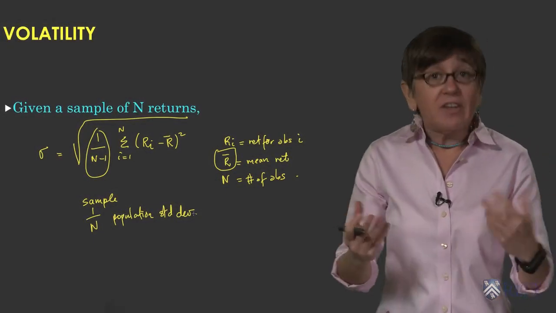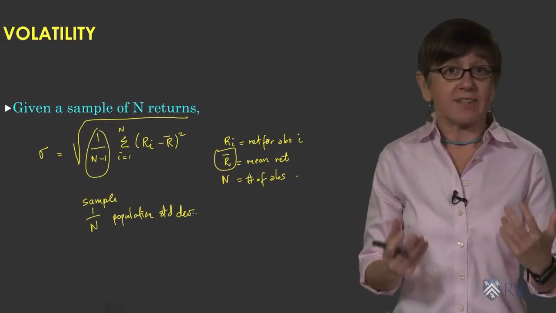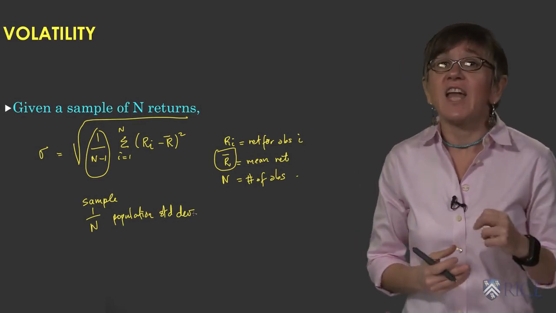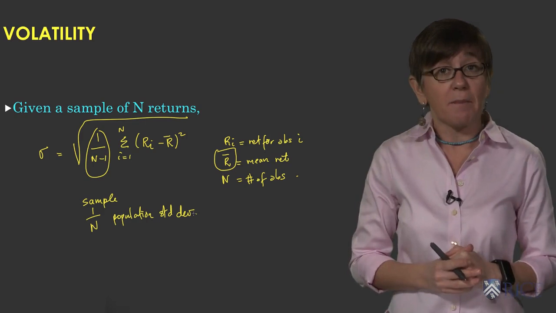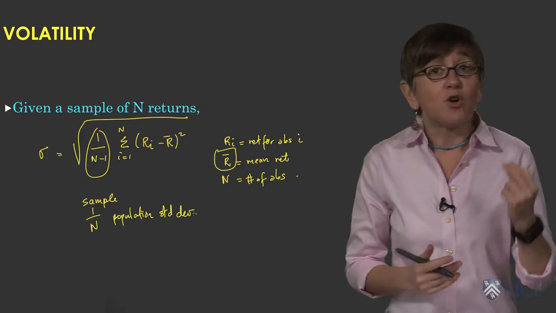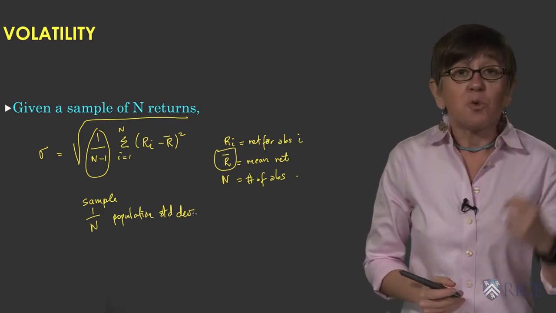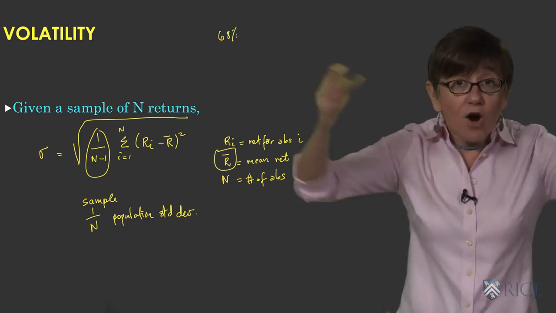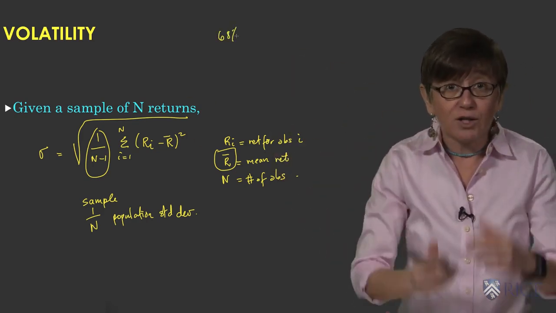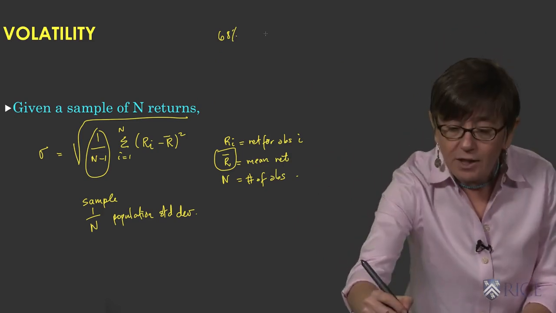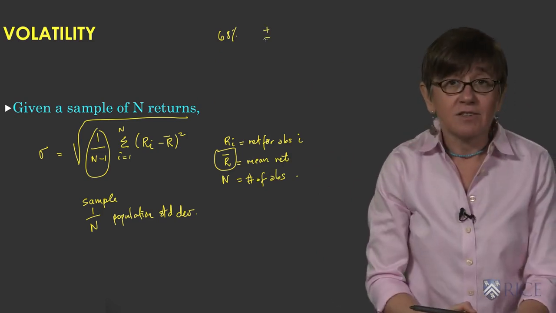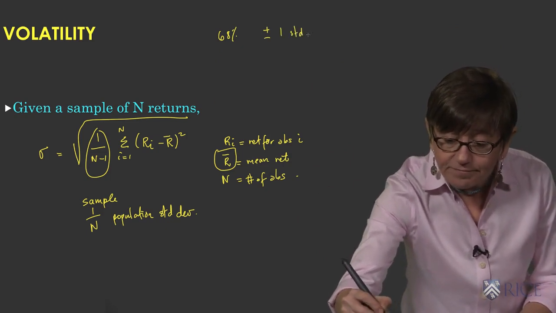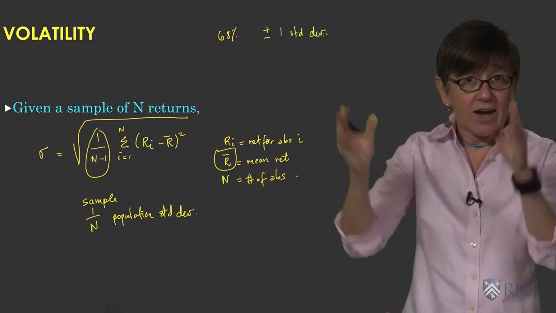Now, if we also assume that returns are, for all practical purposes, normally distributed, then the standard deviation has very useful statistical properties. For example, for a normal distribution, we would expect 68% of all return observations to fall within the range of plus or minus 1 standard deviation around the mean.